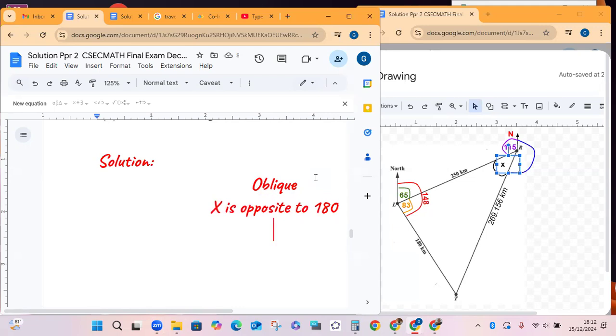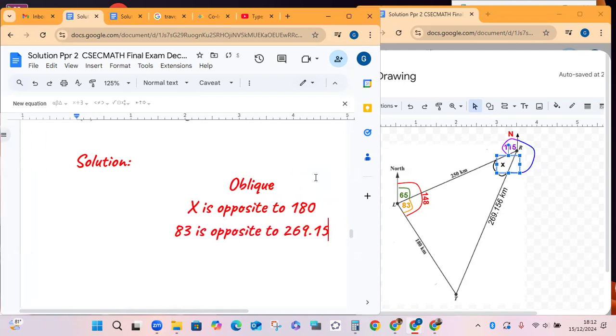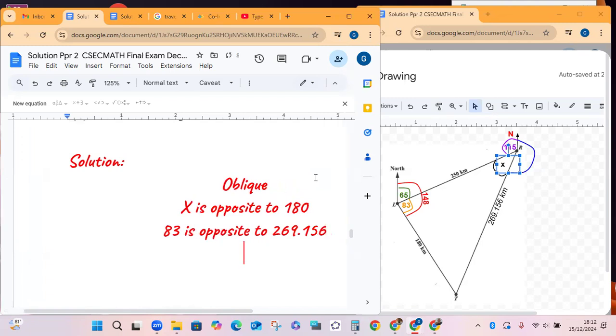And 283 is opposite to 269. So the mere fact we mentioned opposite twice, then we've got to use the sine rule.